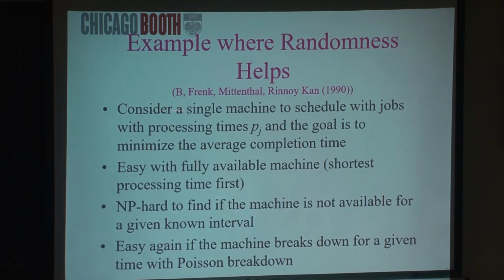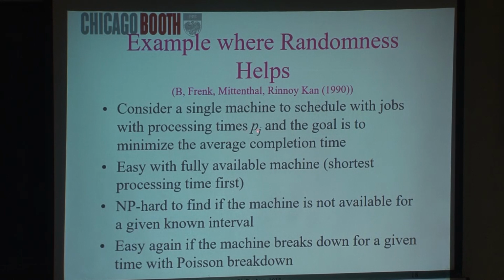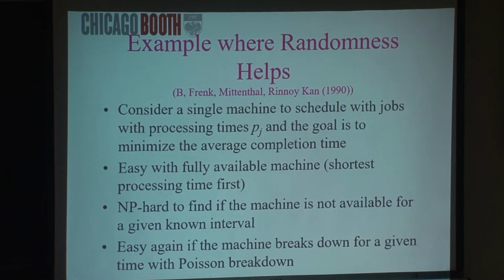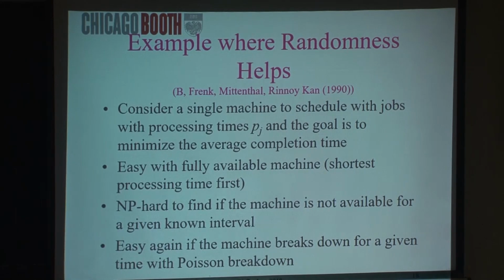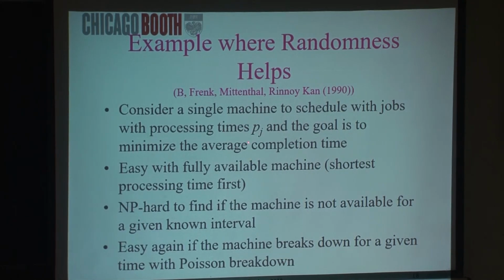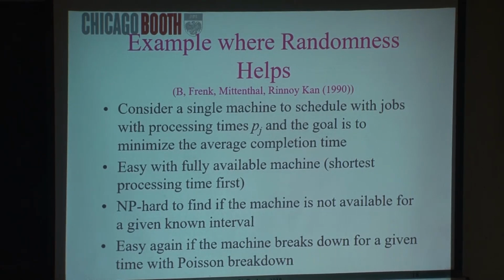So here's the situation. I have a single machine, and I have a set of jobs, and I know the processing time. So each of the jobs has a different processing time. And my goal is to minimize the average completion time of the jobs.